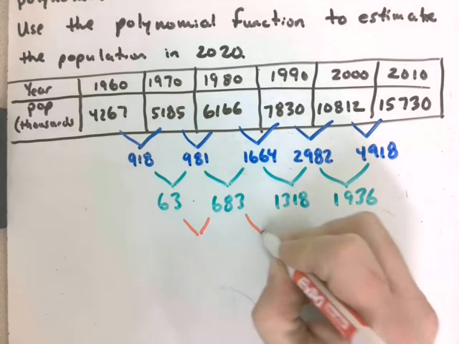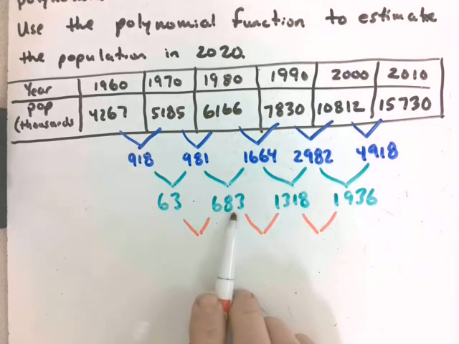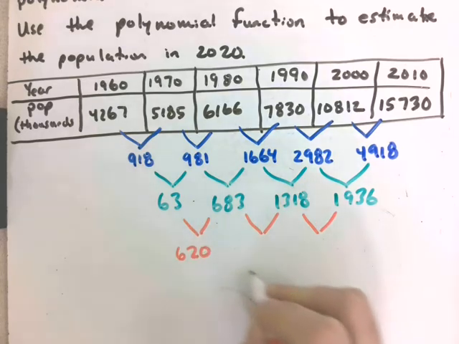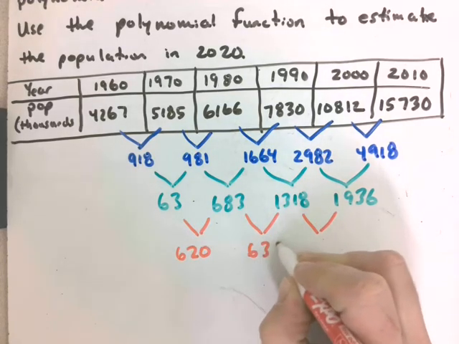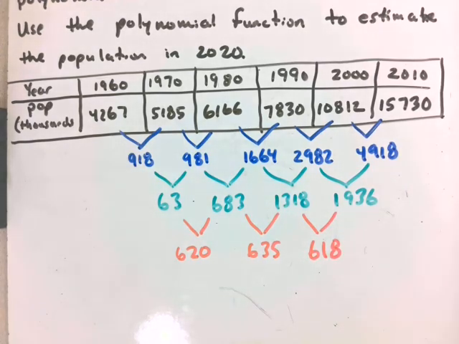So we'll do our third differences and we'll see if maybe a cubic would be a good representation for these numbers. So take a number, subtract the one in front. Here are the numbers we get. And we take a look at those numbers, and those numbers are pretty close together. If you take a look, they're all in the 600s, so those are pretty close together.